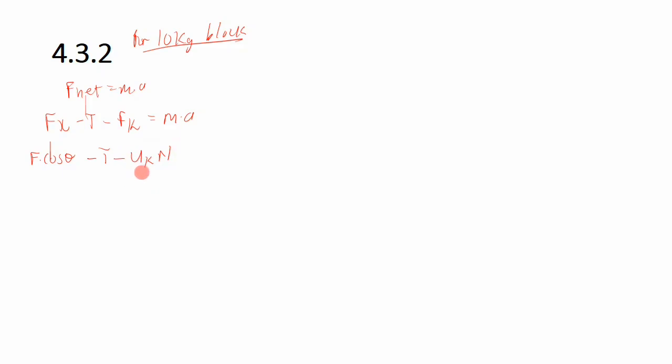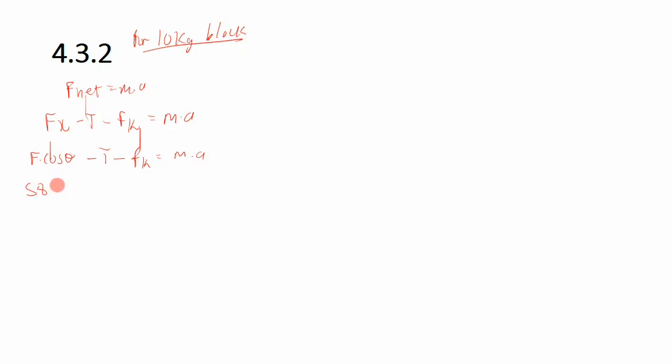Now do not be confused by this question. Here we are required to calculate the coefficient, but let me first calculate Fk, and then we'll break it down. We can substitute in our Fk like this. So what is the force there? It's 58.